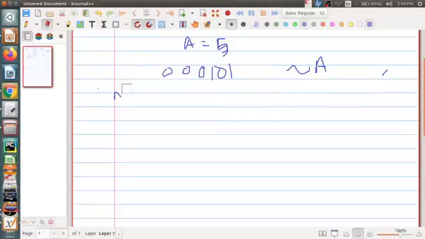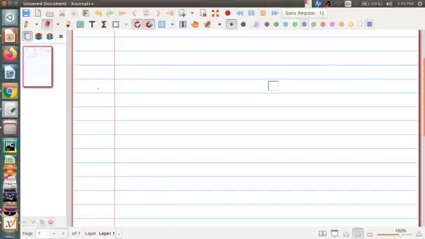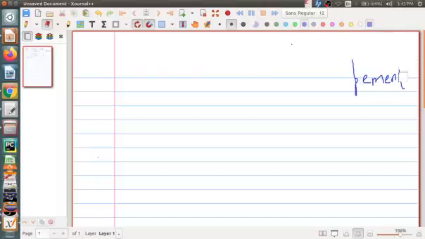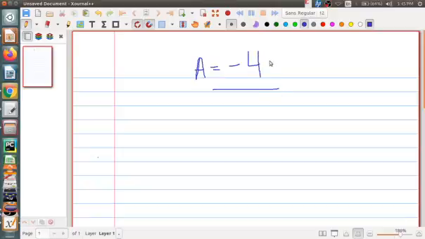First of all, you have to see how to represent a negative number. Suppose a is equal to -4. Now we declare int a = -4.